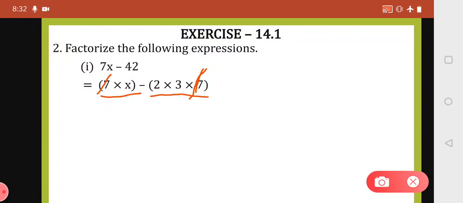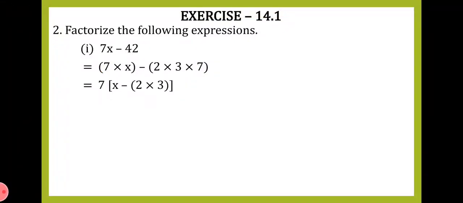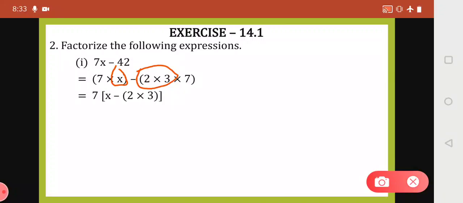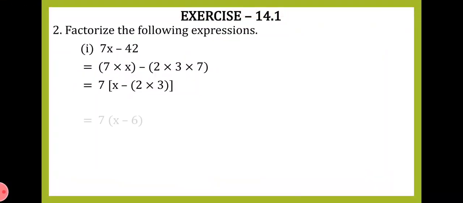So we write 7 common, and in the bracket, from the first term after taking out 7, x is left. We write the sign as it is, minus, and from the second term after taking out 7 we are left with 2 multiplied by 3. So 7 common, and in the bracket x minus 2 multiplied by 3. Further solving, we get 7 into x minus 6.